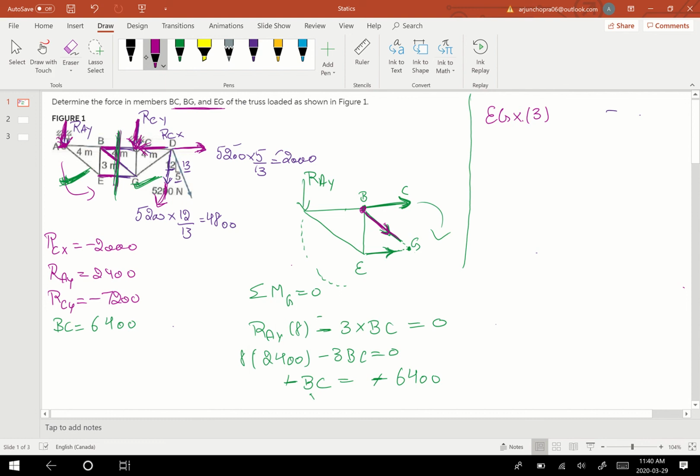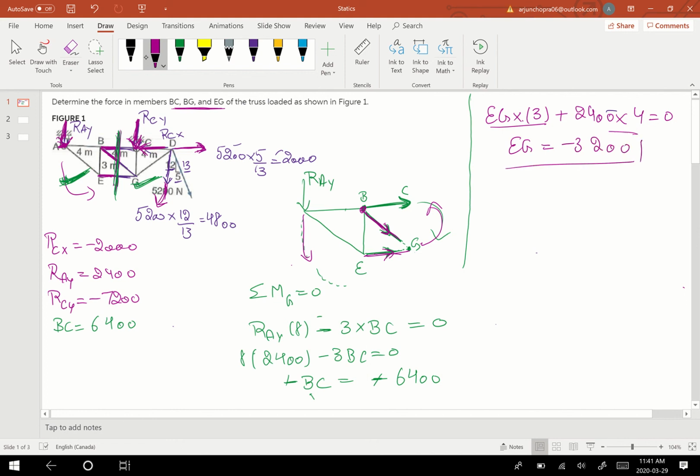So EG times 3, and RAY is trying to rotate counterclockwise, so this is positive, and the RAY value is also positive. 2400 times, the perpendicular distance is 4, equal to 0. So 2400 times 4 divided by 3, and the EG value will come out to be negative 3200.